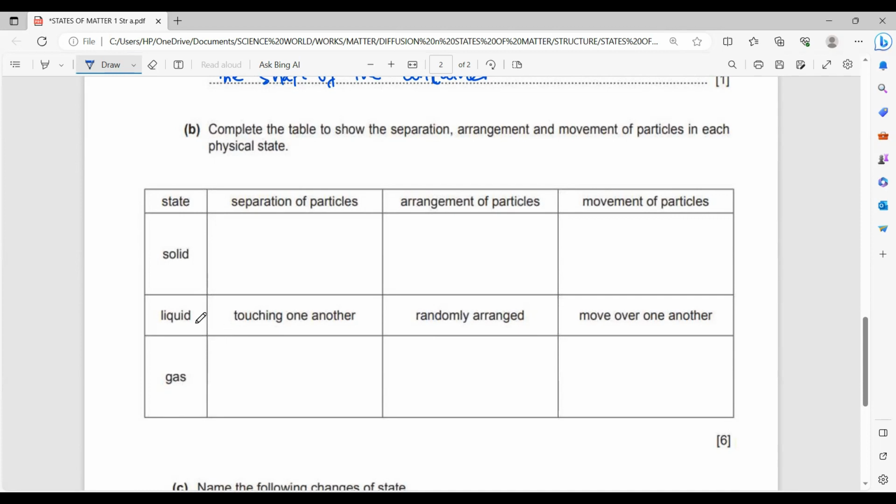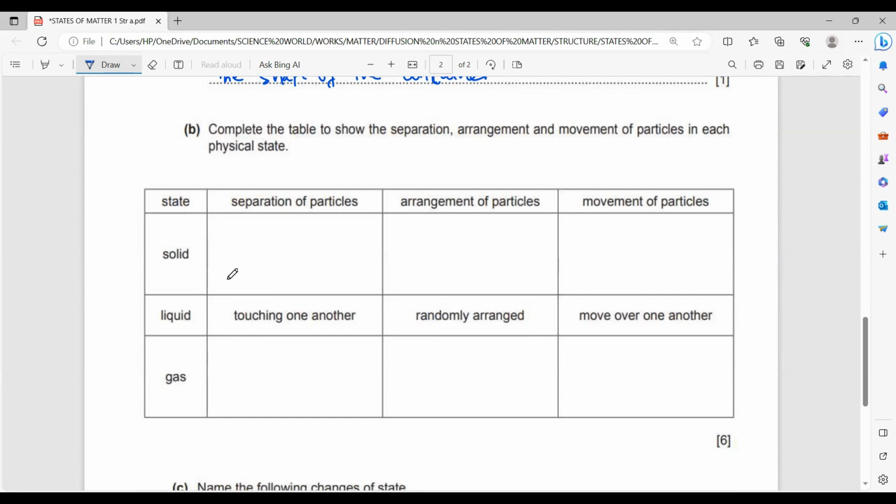For example, for liquid particles the separation is that they're touching one another. If you come to the solid particles and say something not related to touching, it's not going to be good. So rather use something similar to the vocabulary given on the table.